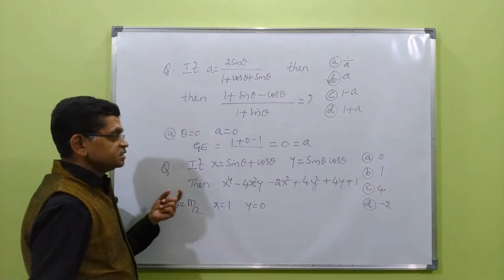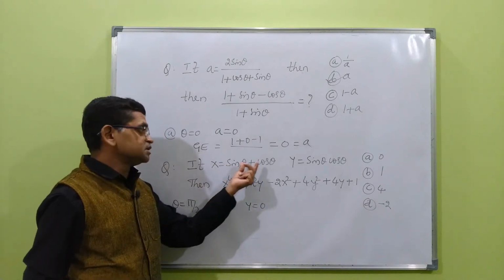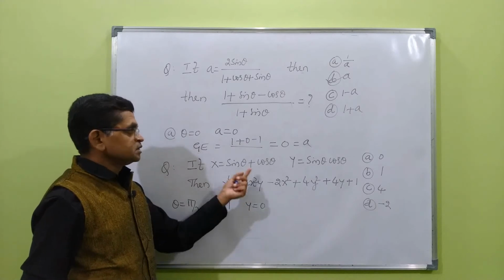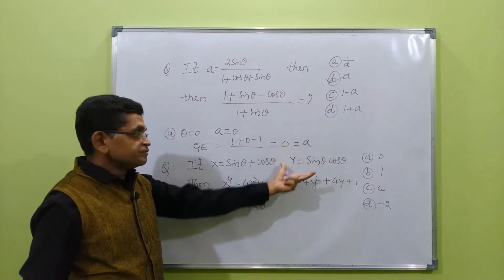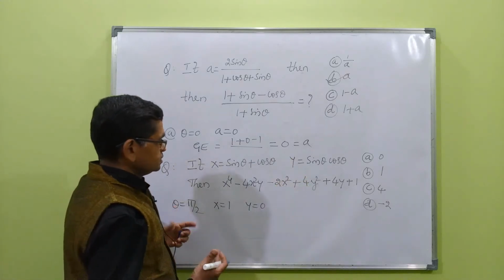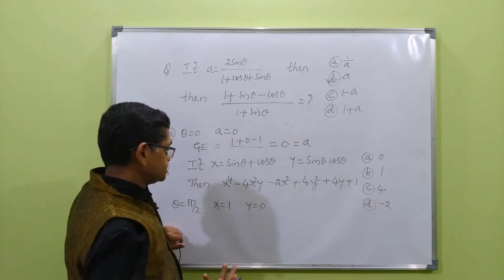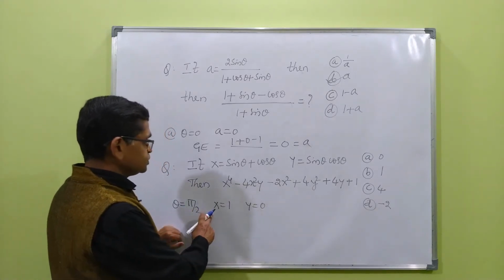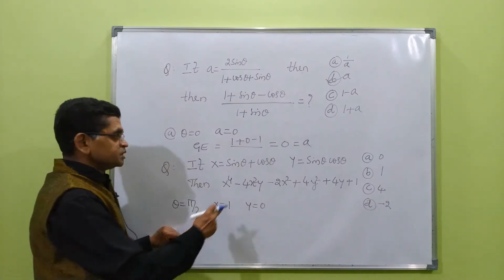Imagine if you actually compute this expression, sin theta plus cos theta whole to the power 4 times this square minus this one and all. Imagine the computation work, how long it will take, how much energy it needs, isn't it? But if you substitute, within a few minutes you can solve this.